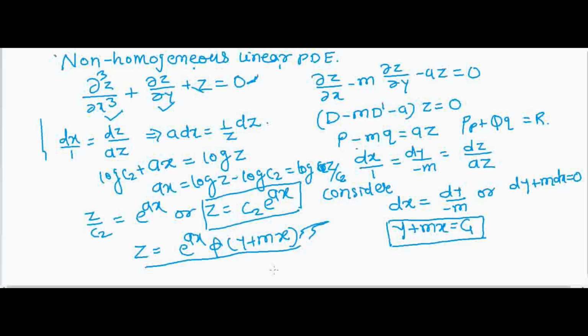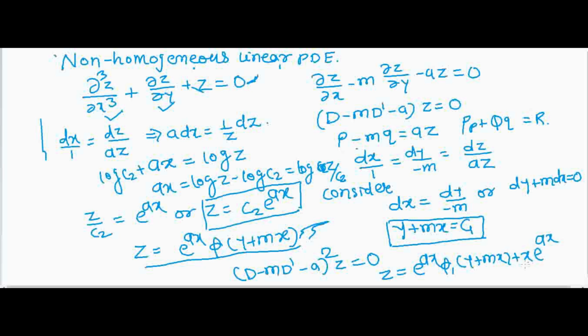If the factor (D − mD' − a) is squared, that is (D − mD' − a)²z = 0, then the solution of this differential equation is z = e^(ax) φ1(y + mx) + x e^(ax) φ2(y + mx). So friend, this is how we can obtain the solution.